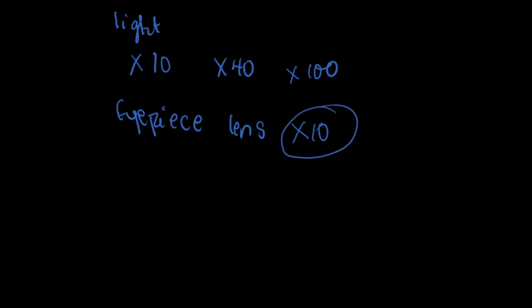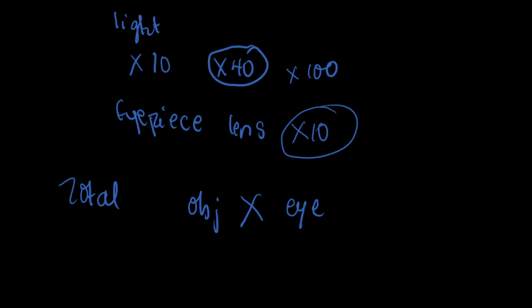To get the total magnification for a tissue sample, it would be the objective lens magnification multiplied by the eyepiece lens magnification. So if we are making use of the objective lens of times 40, it would be 40 times 10, and the total magnification would be times 400.